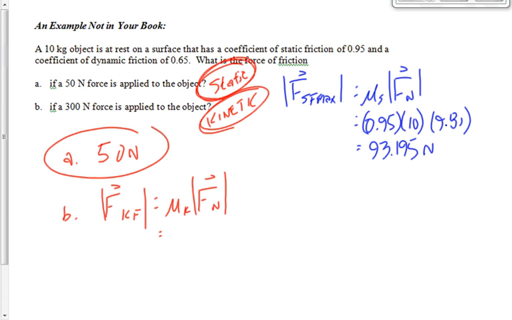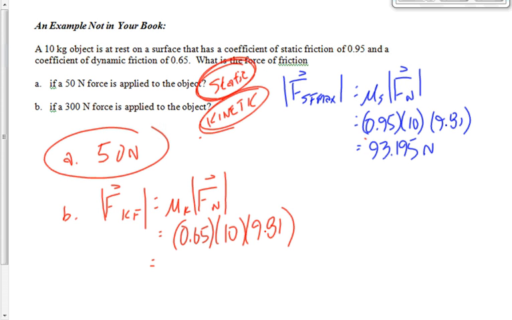Yeah. The equation is kinetic friction force is equal to mu k times the normal force, right? Listen, this stuff only gives me static. If I exceed the maximum static friction force, I got to figure out what the force of kinetic friction is. Mu is 0.65. Fn is 10 times 9.81.